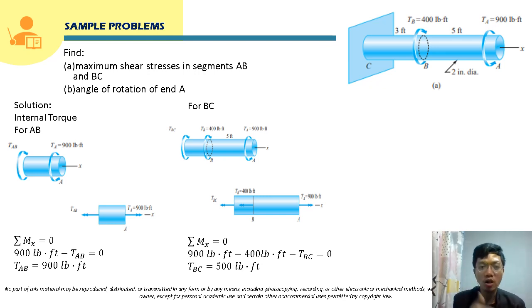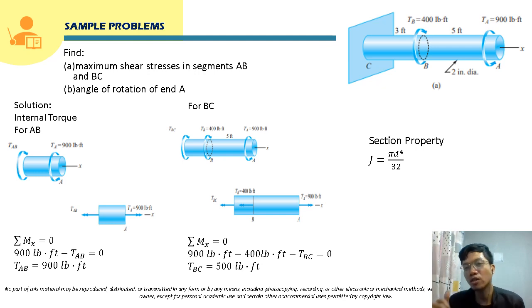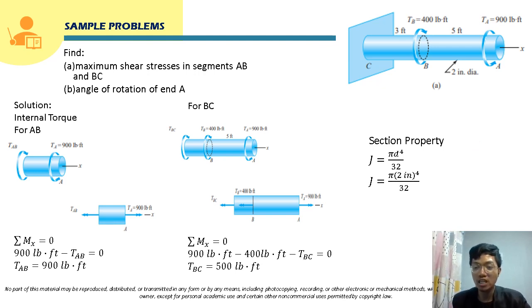After we solve for these internal torques, we are now going to solve the section property, or the polar moment of inertia J. This is a solid shaft, so its polar moment of inertia will be equal to pi d to the 4th over 32, and the diameter here, class, is 2 inches.